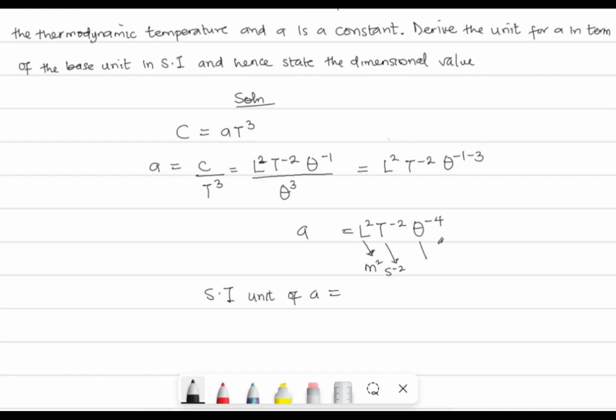And then θ means temperature, and that's Kelvin, K⁻⁴. So the unit will be m² s⁻² K⁻⁴. That's the SI unit. So we are done with this question.